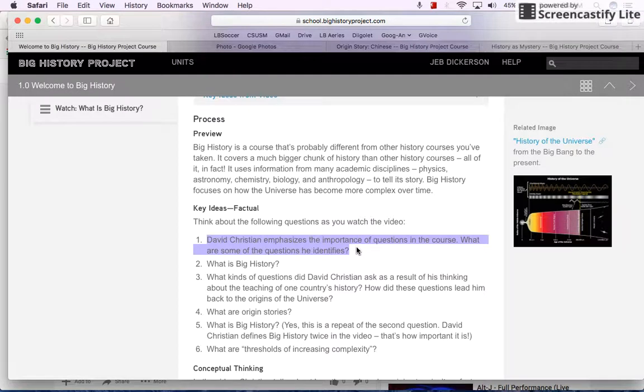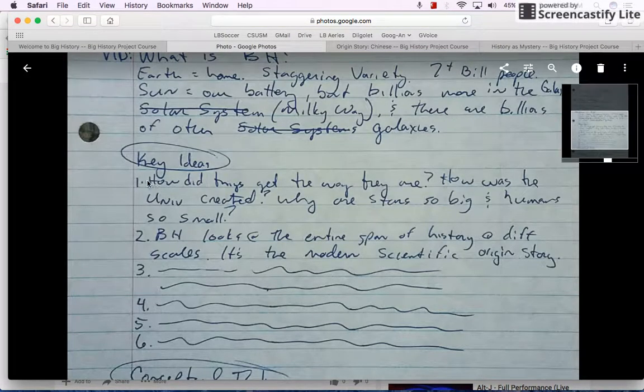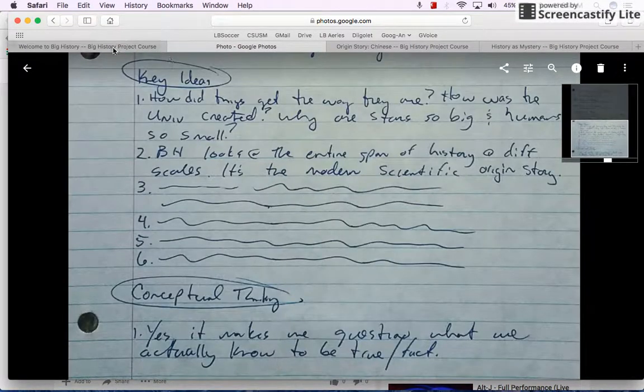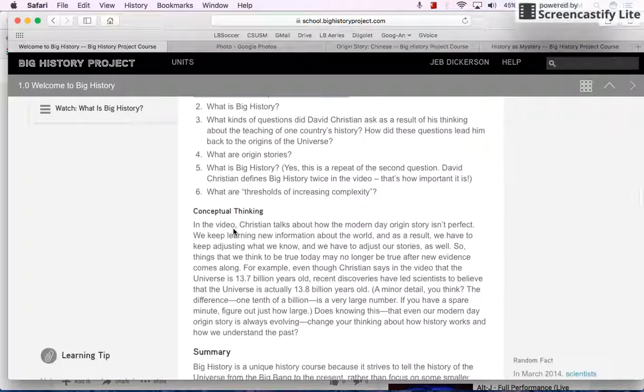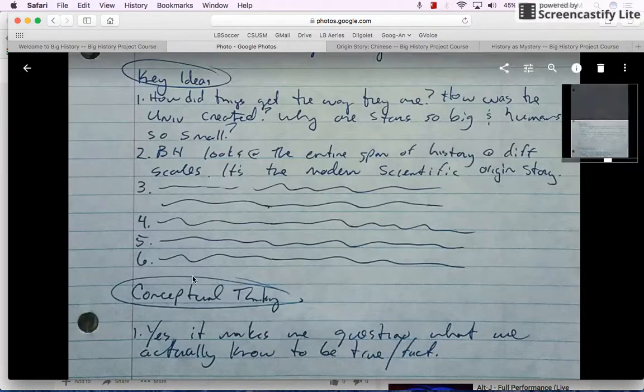This is the question I'm answering. I'm not asking you to write the question and then answer it. The question's here, I know what the question is. Your job is to answer it. So this is my answer to question 1, this is my answer to question 2, and so on, 3, 4, 5, and 6. I would have answers all the way down. Conceptual thinking always ends with a question, and you would answer that question.